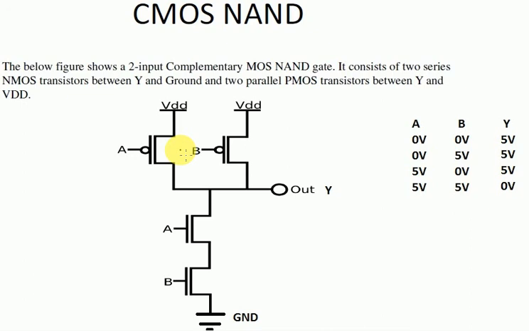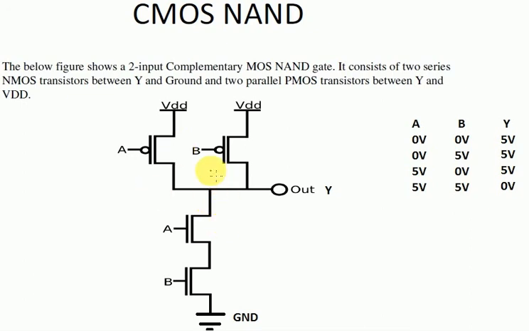Next combination, 5 volt 0 volt. For this combination, input A terminal PMOS is in off state, input B terminal PMOS is in on state, input A terminal NMOS is in on state, input B terminal NMOS is in off state.